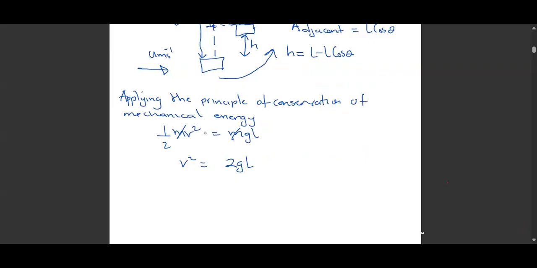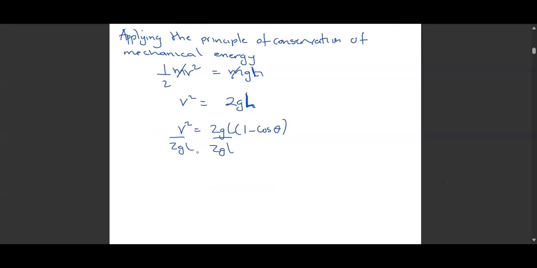But remember that actually this is supposed to be h, not l. This is h: v squared equals 2gh. But remember that our h is given by L minus L cos theta. So you have v squared is going to equal to 2gL into 1 minus cos theta. So dividing both sides by 2gl, our v squared divided by 2gl is going to equal to 1 minus cos theta.